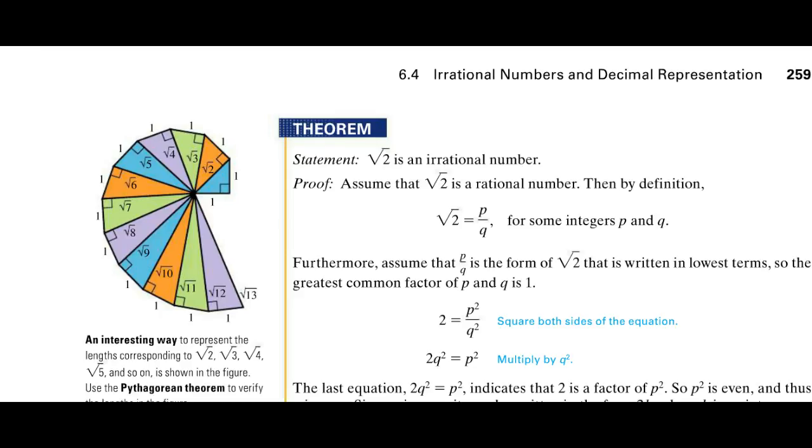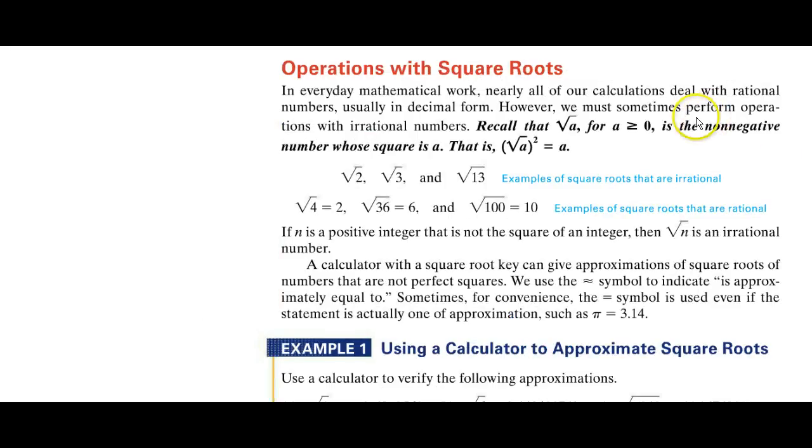Thought that was interesting. Now, we often in our calculations deal with rational numbers, but every once in a while we deal with irrational numbers. Remember that under the radical sign, they have to be positive. We have not defined negative radical signed numbers.